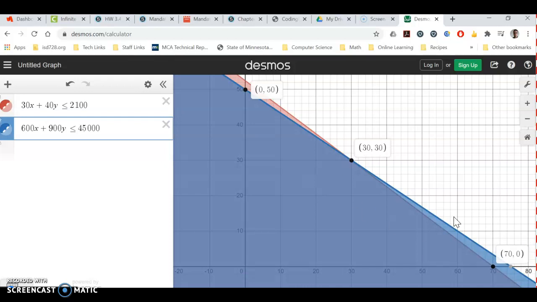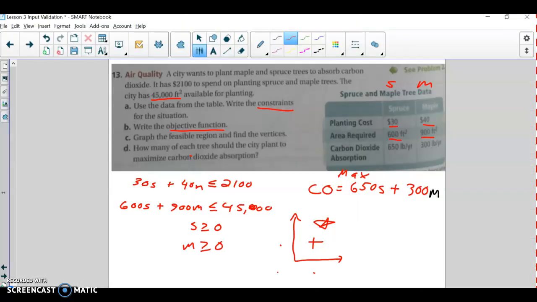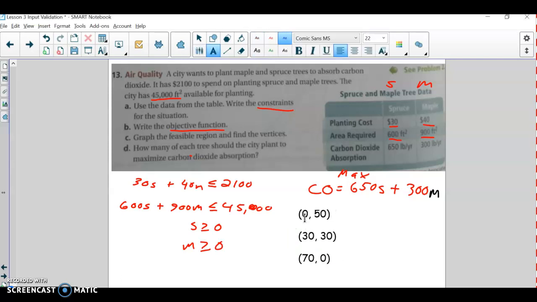So basically I would just need to test those vertices in the function. Come back here and try those. So I'm going to do 0 spruce and 50 maples. If I plug that in here, it'd just be 300 times 50 plus 0. So that should be 15 with 3 zeros on the end. So 15,000 pounds of CO2 out of the air per year.